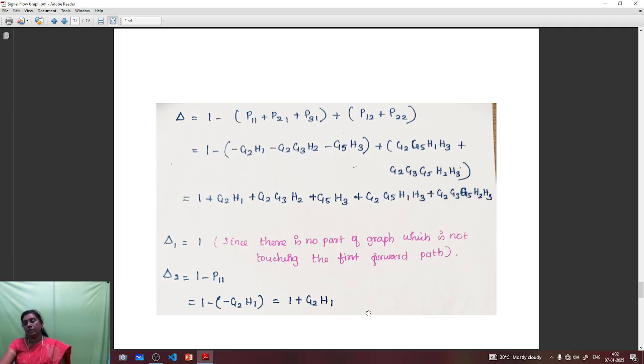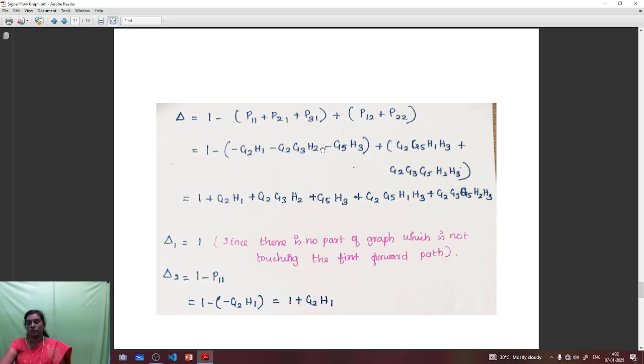So after calculating all this, we can substitute in the formula to find the del value. So del is equal to 1 minus (P11 plus P21 plus P31), and for two non-touching loops it will be plus (P12 plus P22).